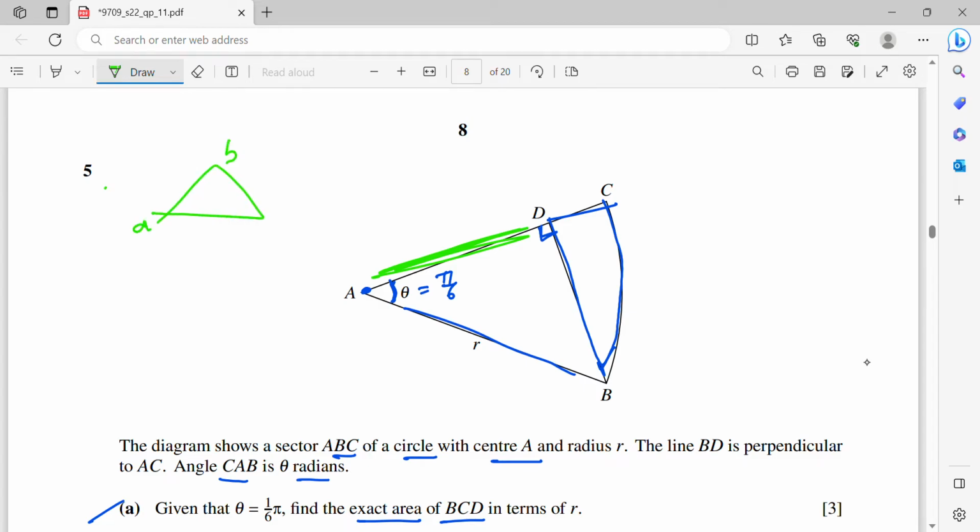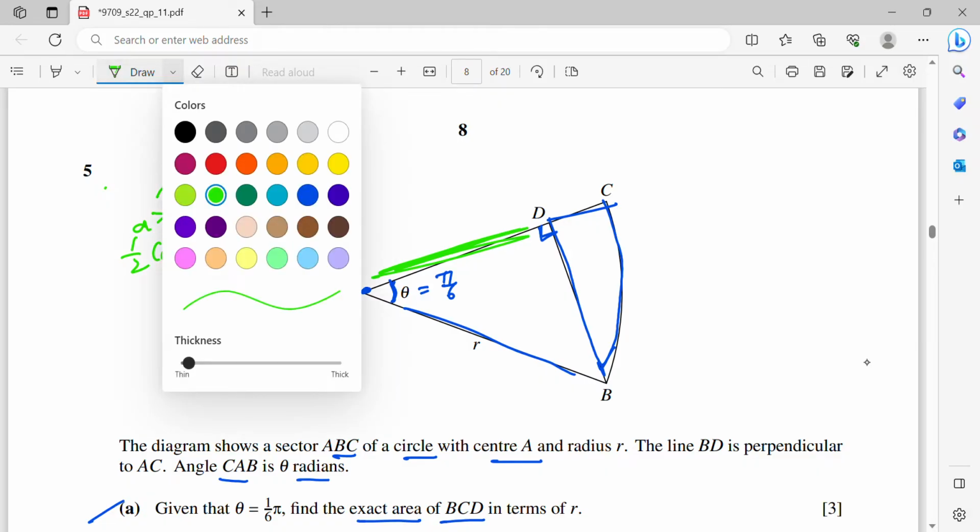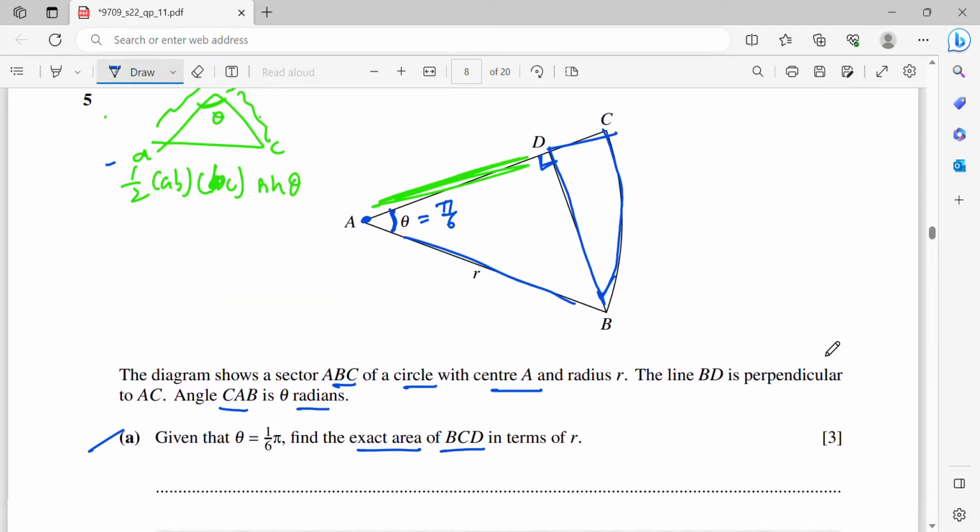Let's say here ABC, the area of the triangle is half times AB times AC times sine theta. Okay, so now I need to use that formula. I don't want to count what is the DB. I just count AD. So to count AD, you refer to the Pythagoras theorem.